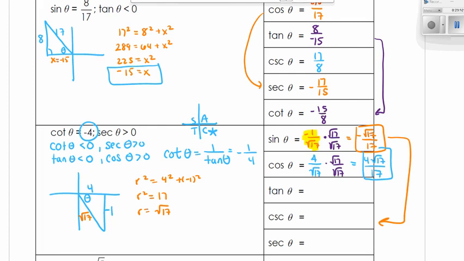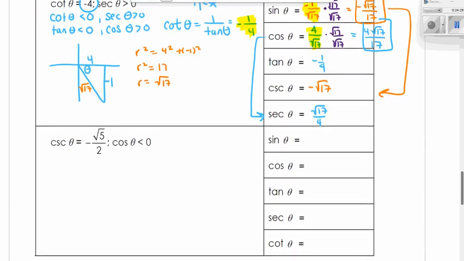So the cosecant is equal to negative root 17. And cosine being the reciprocal of secant, I'm going to again flip this one so I don't have to rationalize again. So this would be root 17 over 4. And for tangent, we already know because we did that in the beginning, it is equal to -1/4. And that would be it.